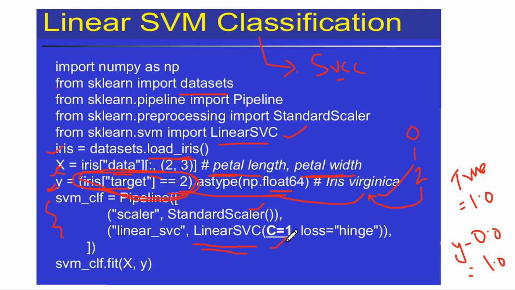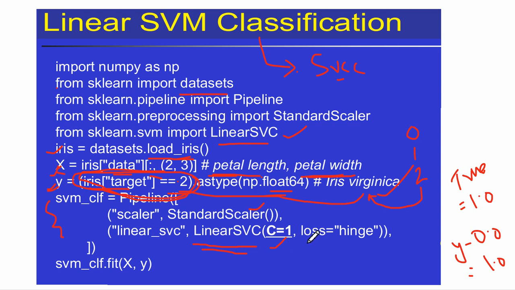In this I am using one parameter, C equal to 1. It is the regularization parameter. If the value of C is low, it gives the maximum margin. If the value of C is high, it may give a smaller margin. We also discussed this in the previous videos.